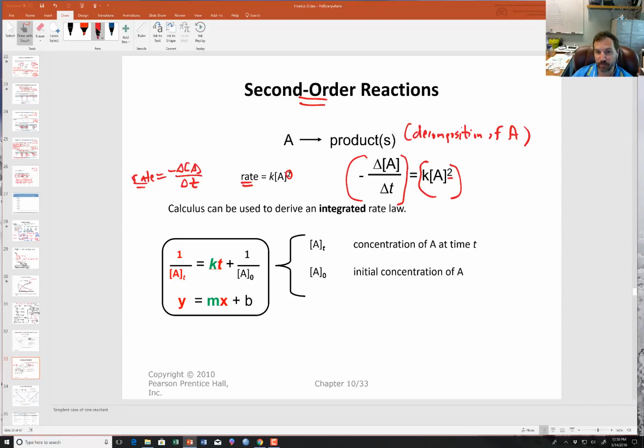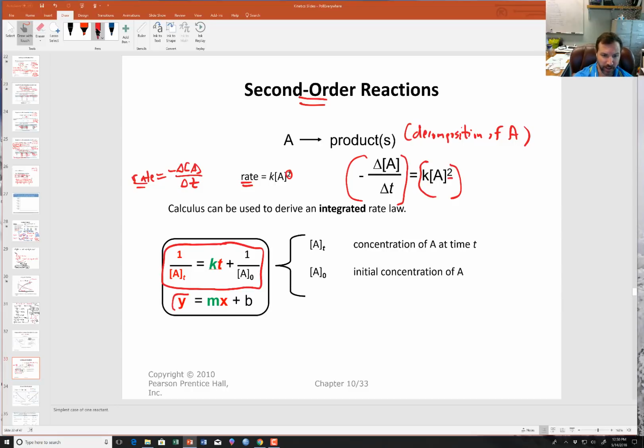So if we go through the same type of derivation, so if we set up the differential equation, take the integral from time 0 to time t, solve for the standard integral, then we would get this form. So instead of natural log, it turns out then that we would get 1 over concentration equals kt plus 1 over concentration at time 0.